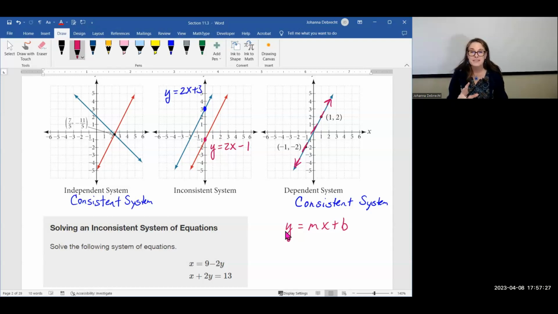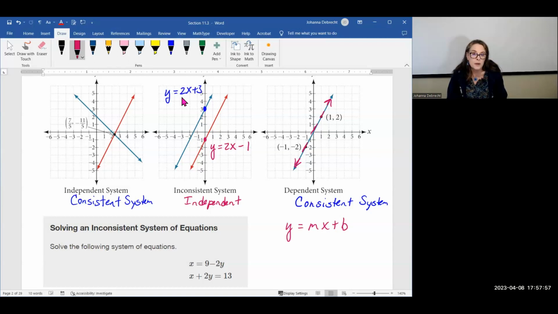I don't care what she gives me, I'm going to solve the line for y. Because in that situation, you'll see that the slopes are in fact identically 2, but the y-intercepts are different. Then you know there's no solution. It's an inconsistent system. It is independent because they are not the same line, but it is inconsistent. There's no answer.